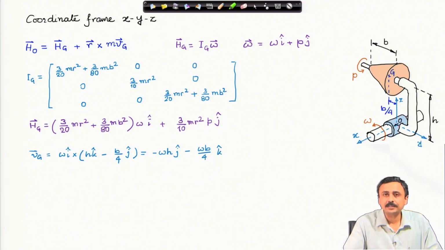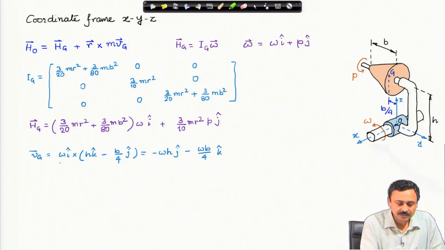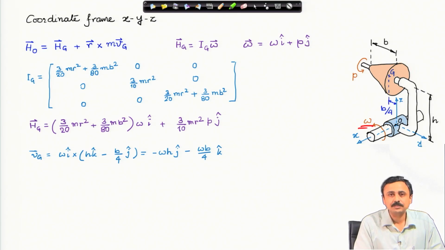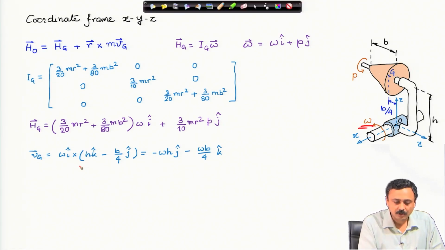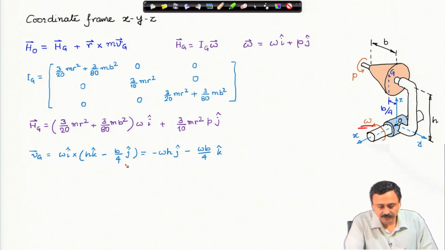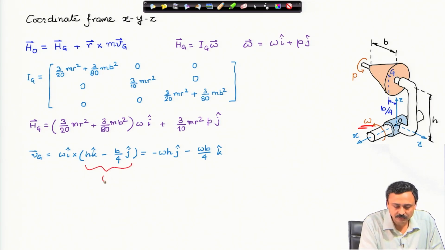You may note that O and G are actually points on this same bracket on which the cone is mounted. Therefore, we have this omega I cap cross this vector h k cap minus b by 4 j cap, which is nothing but the O G vector.